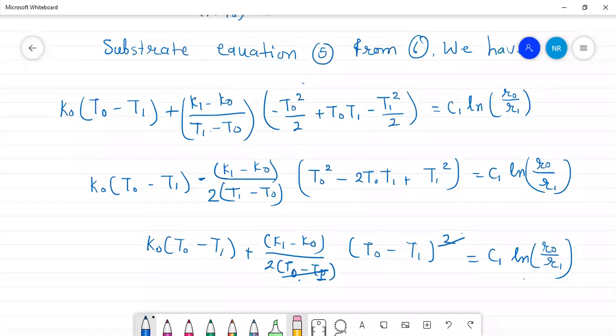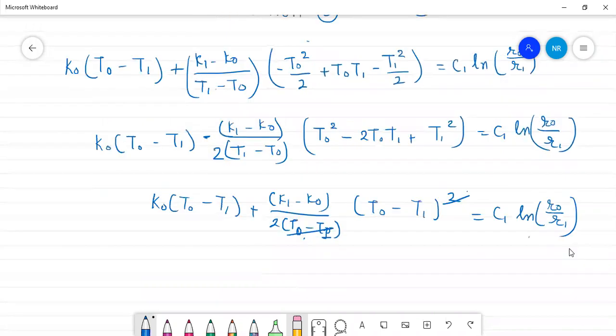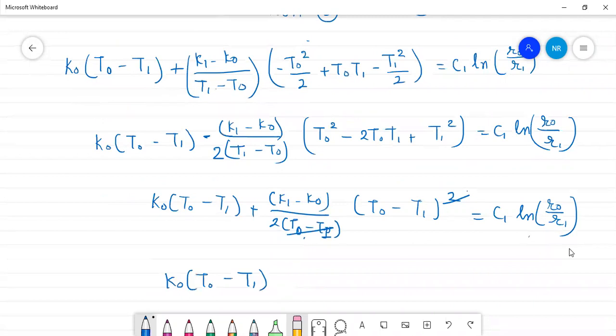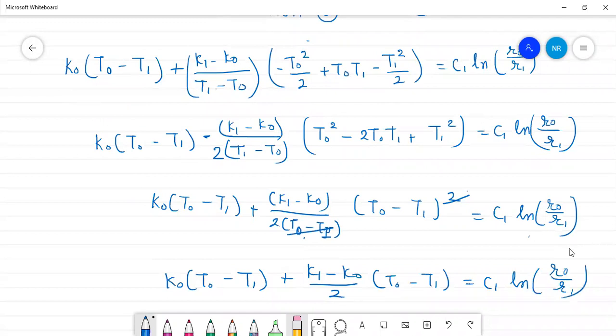So finally K0 times T0 minus T1 plus K1 minus K0 divided by 2 times T0 minus T1 is equal to C1 ln R0 divided by R1.